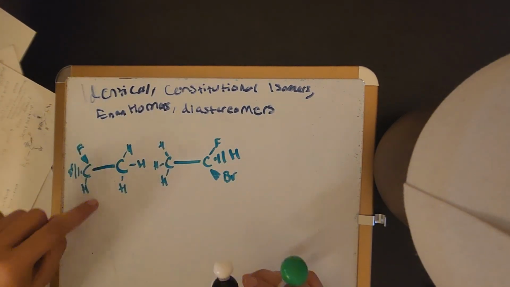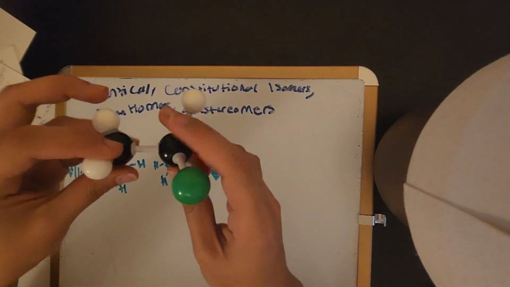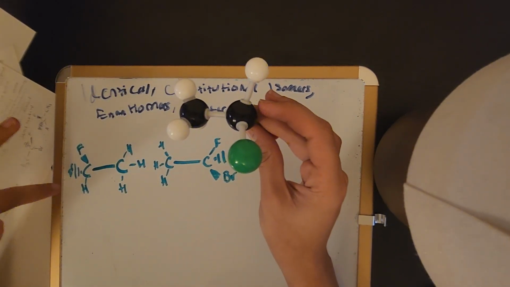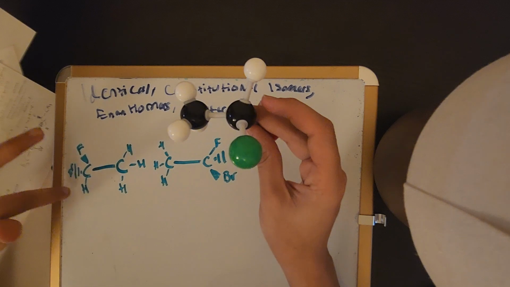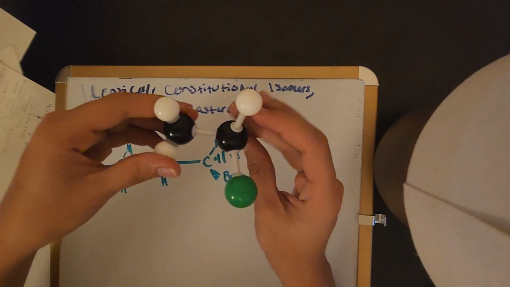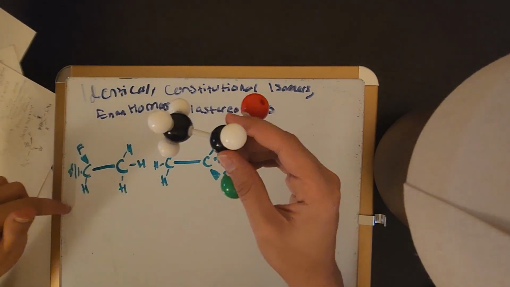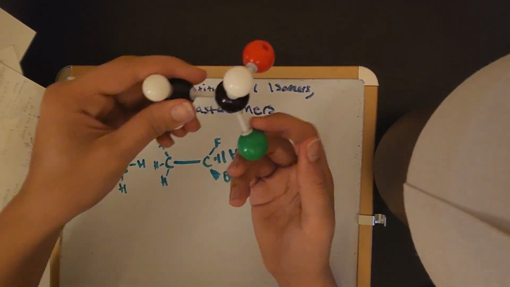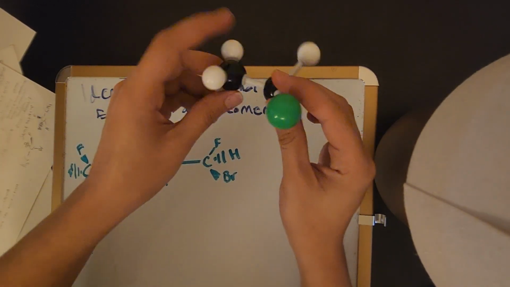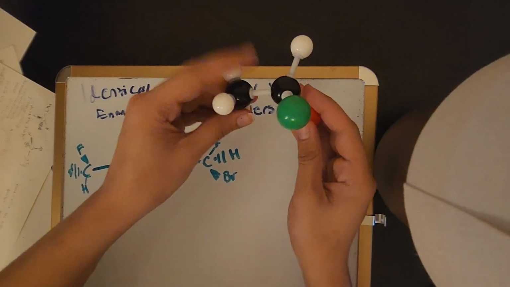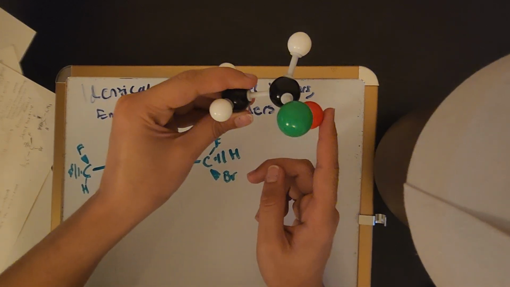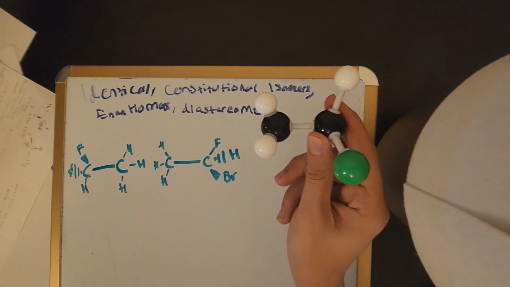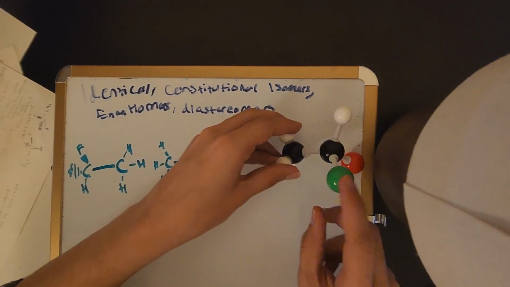Now, in this situation, the fluorine is facing towards us. The hydrogen is neutral, and the bromine is away from us. Fluorine is towards you, bromine is away from you, and hydrogen is straight up. So we'll put that there.